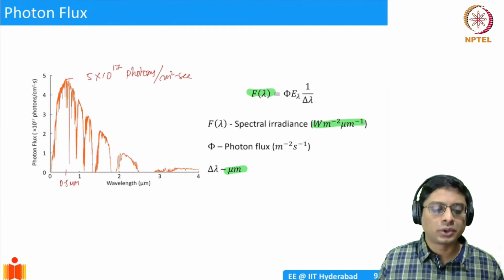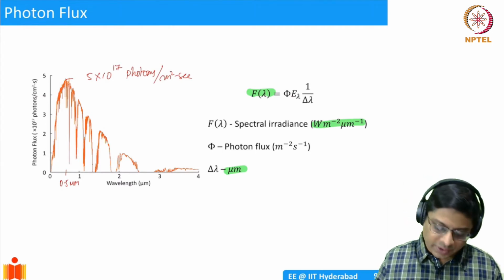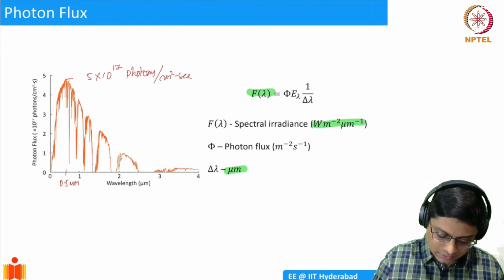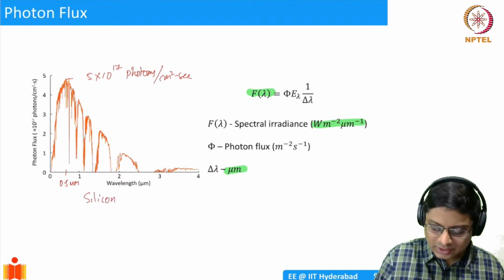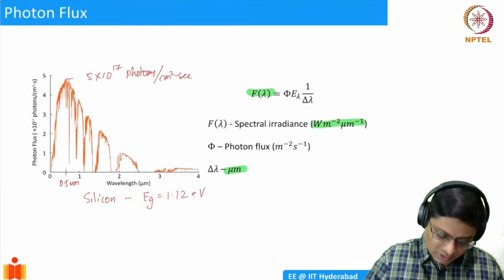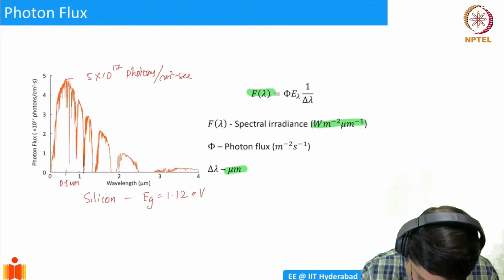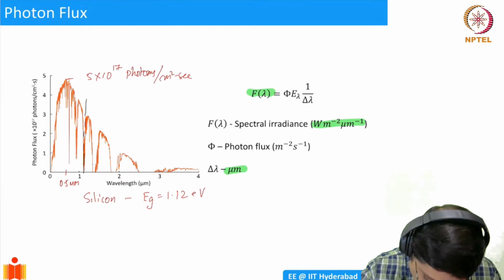So which of these photons will be absorbed and which will not be absorbed, right? So we know that, let's say, silicon has an EG of 1.12 eV, right? So let me put the EG of silicon here, somewhere here, approximating it.